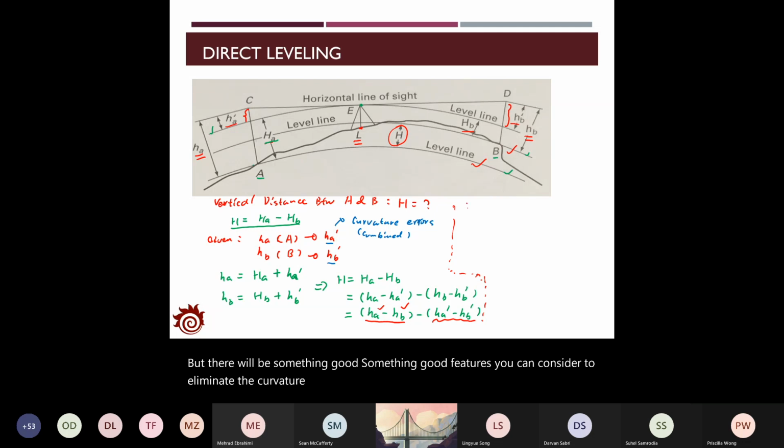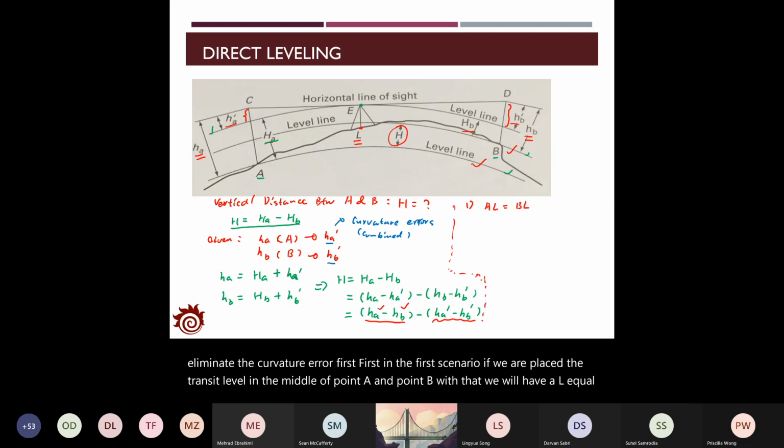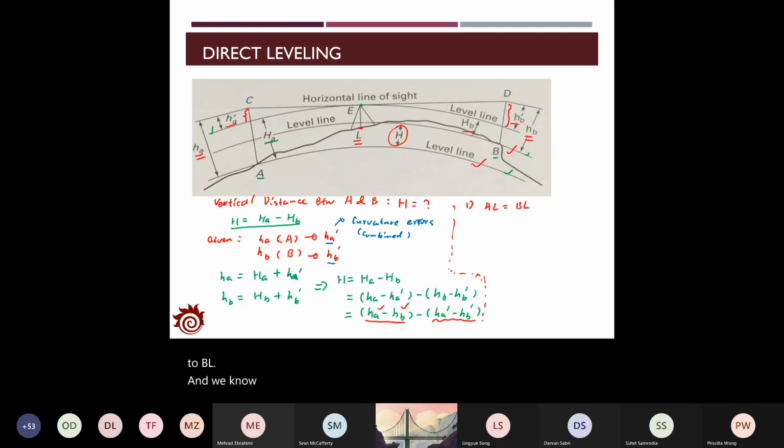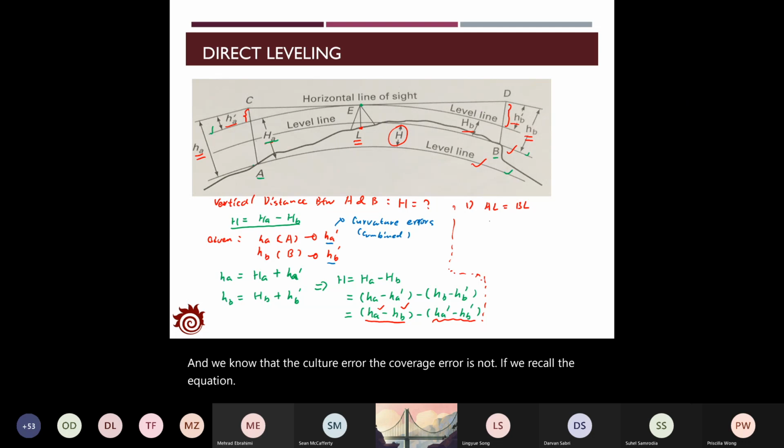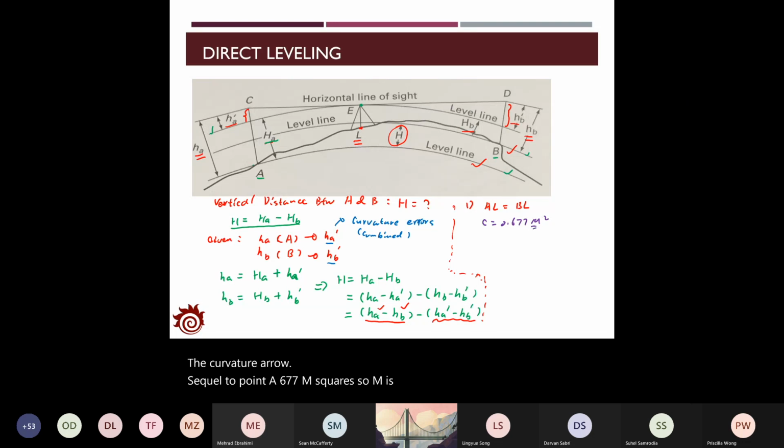First, in the first scenario, if we place the transit level in the middle of point A and point B, with that we will have AL equal to BL, and we know that the curvature error, if we recall the equation, C equals 0.677 m squared, so m is the distance from the two points.